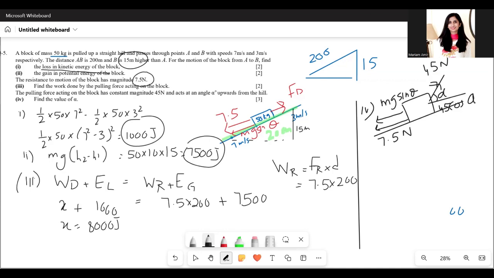Now we know that work done by driving force is equal to driving force times distance covered.